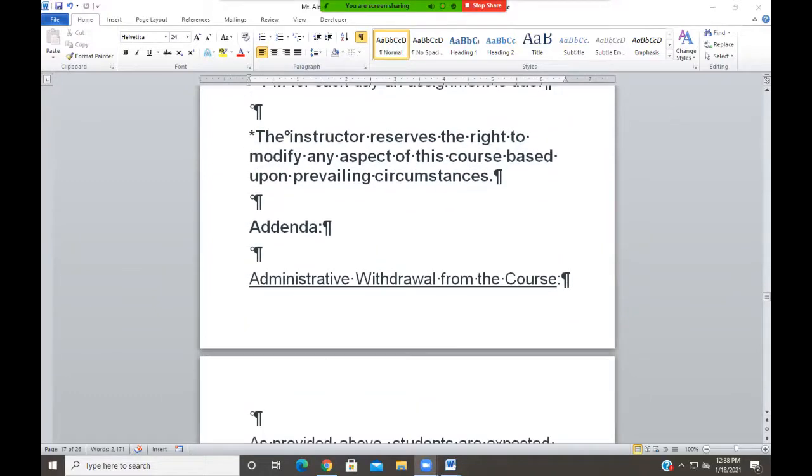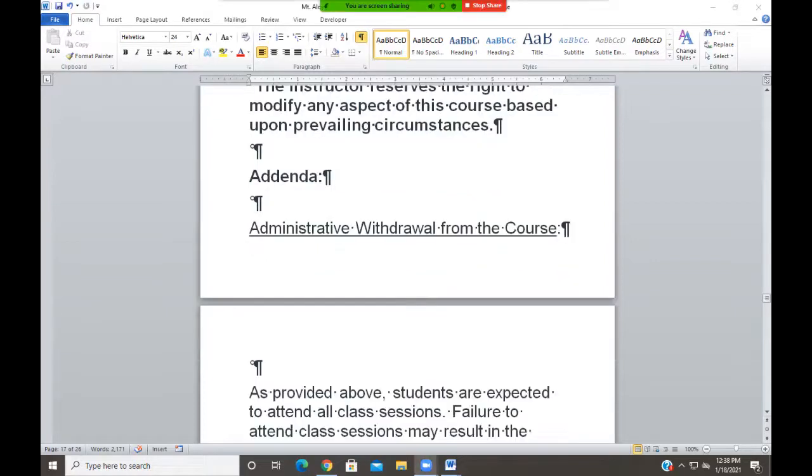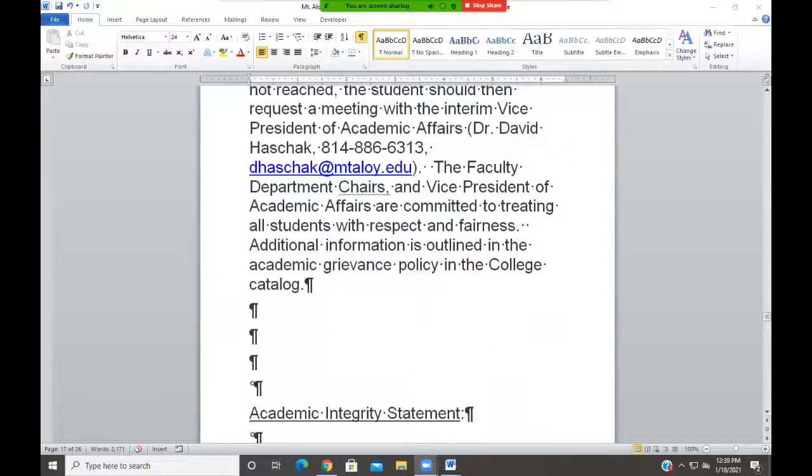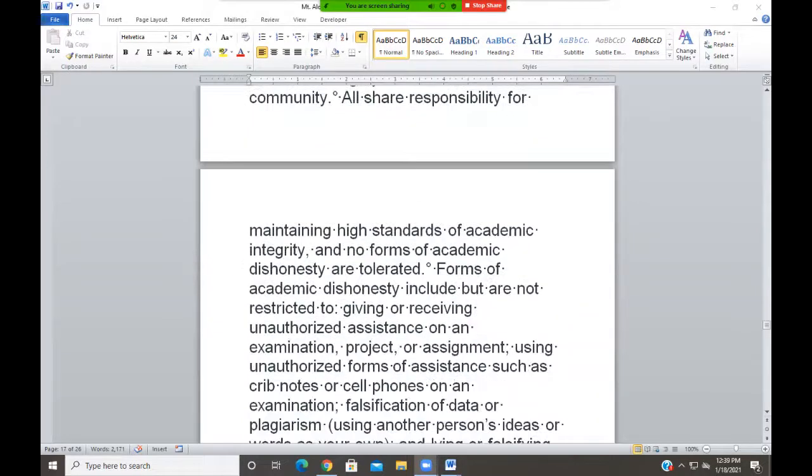I reserve the right to modify any aspect of this course based upon prevailing circumstances, right? The institution reminded me to include that, and I'm okay with that because that happens sometimes. And then there's the addenda, and you can read that on your own. I advise you to do that, right?